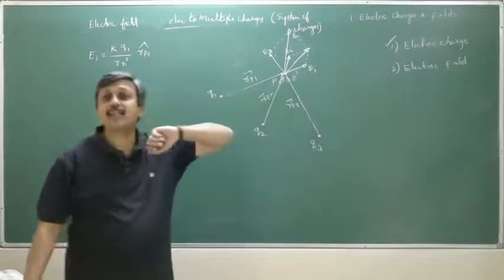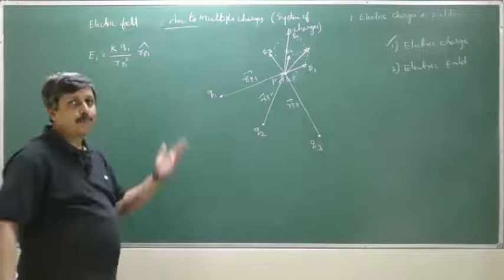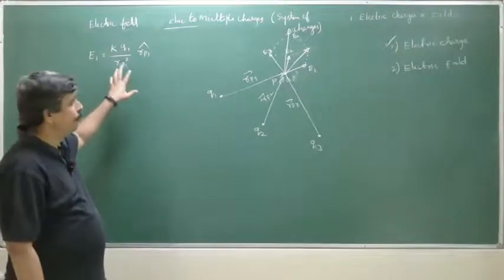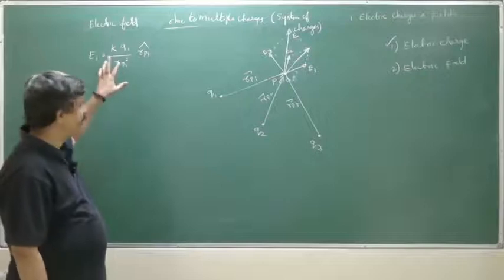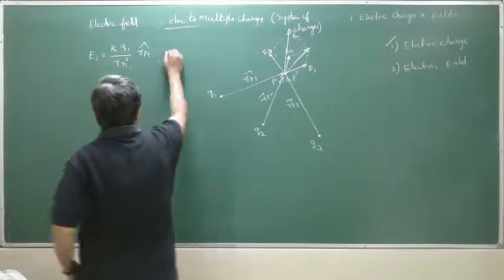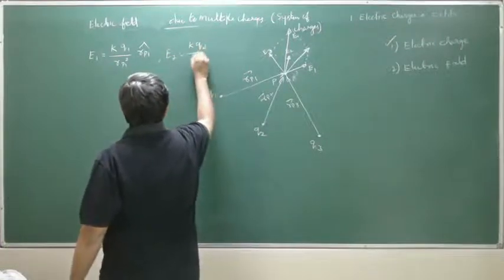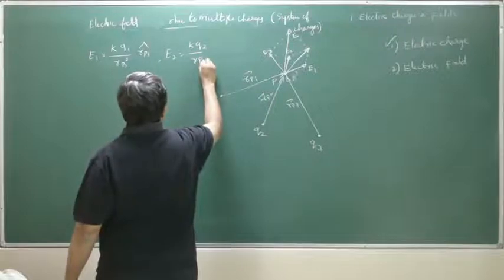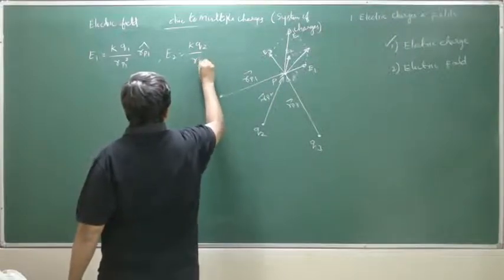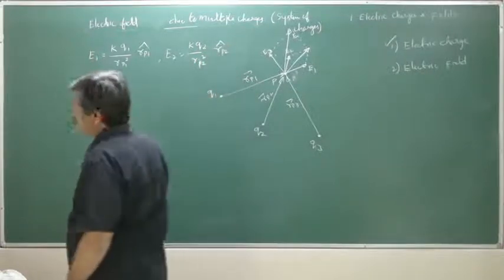We are just calculating E, which means a unit positive charge; whatever force comes, that is E. So we use the definition of E to write it down. Similarly, E2 is equal to KQ2 divided by RP2 squared, into RP2 cap, the unit vector.